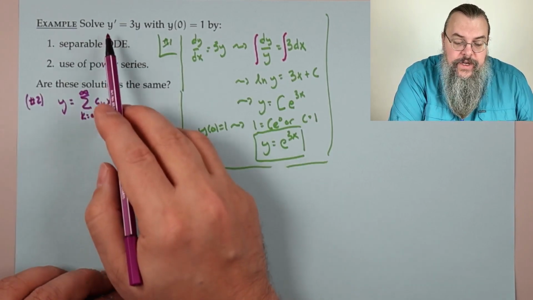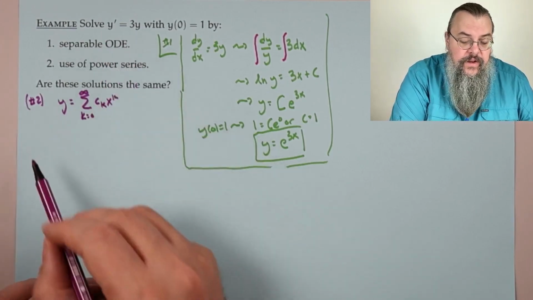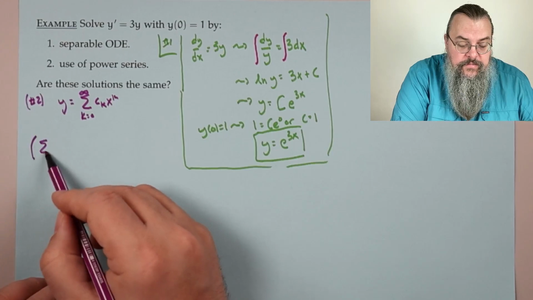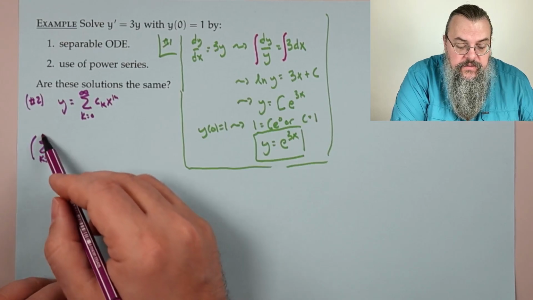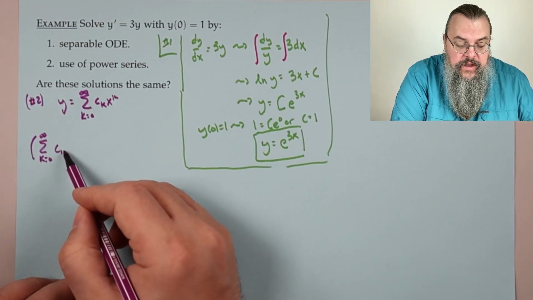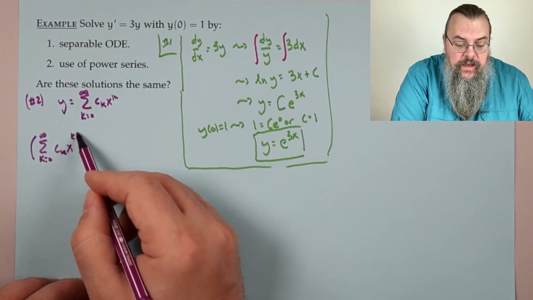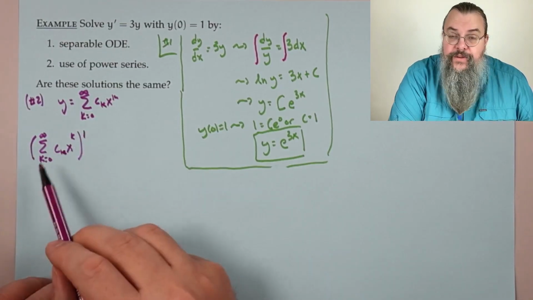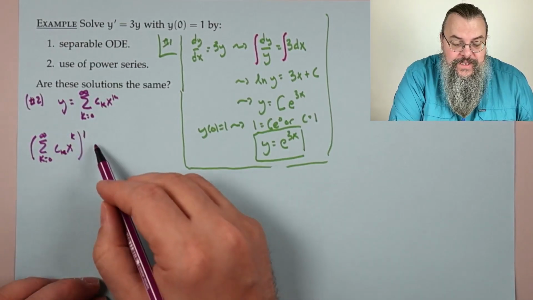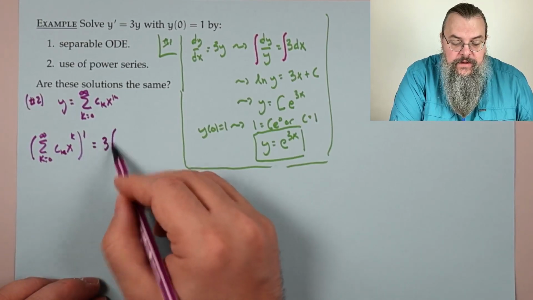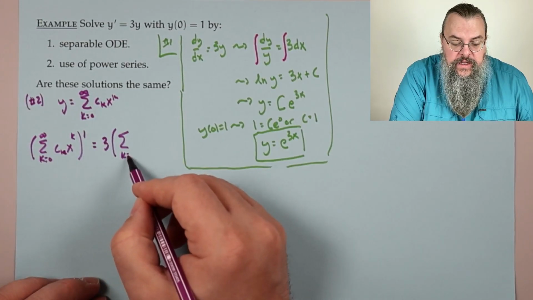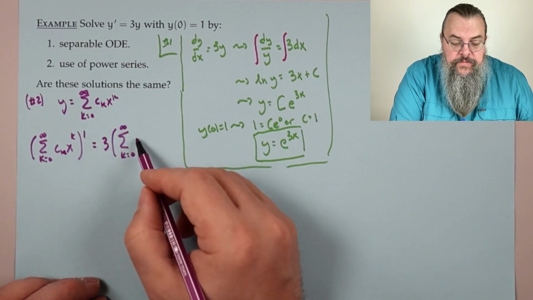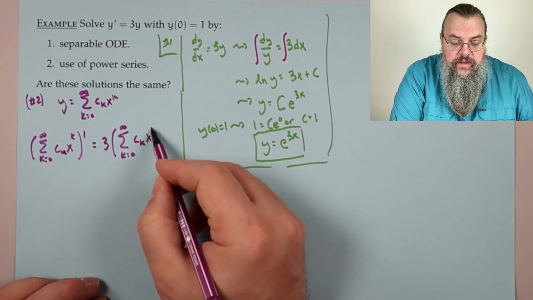And now we're going to put that into both sides. So we say, okay, so the sum k equals 0 to infinity, c k x to the k prime, okay, so that's our y prime, is equal to 3 sum k equals 0 to infinity, c k x to the k.